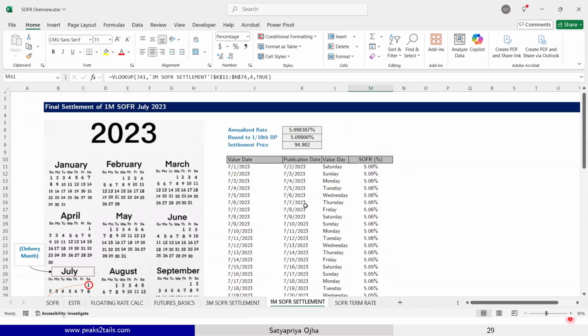But here is the catch. For holidays or weekends, there are no rates. So you carry forward the previous rate. For example, July 4th is an American holiday, so the previous rate, 5.06%, is just carried over.